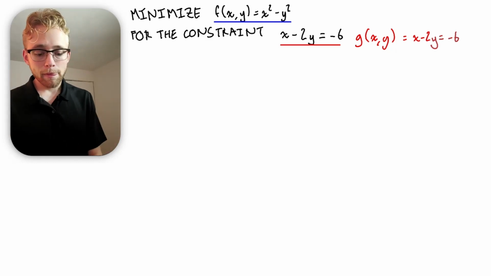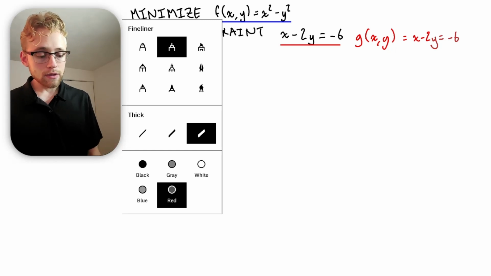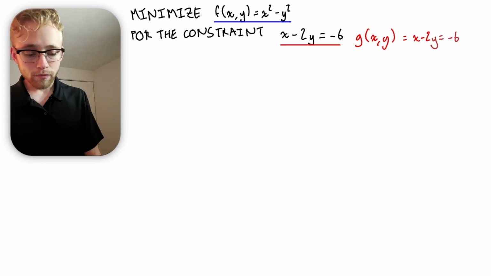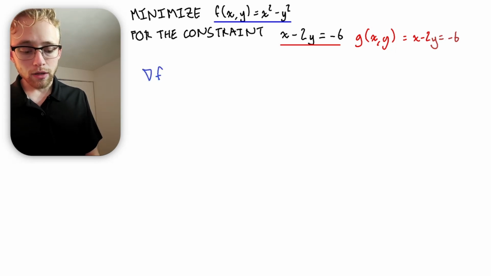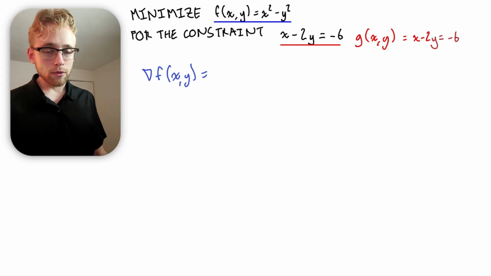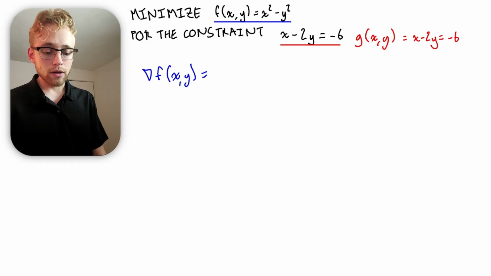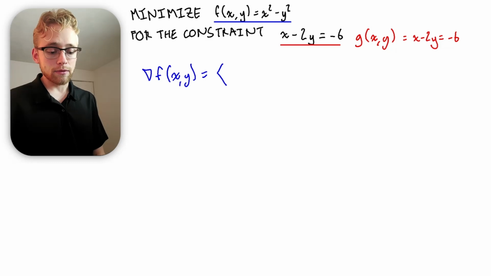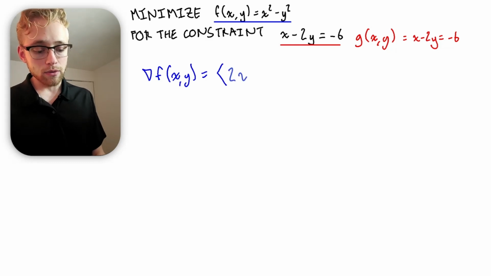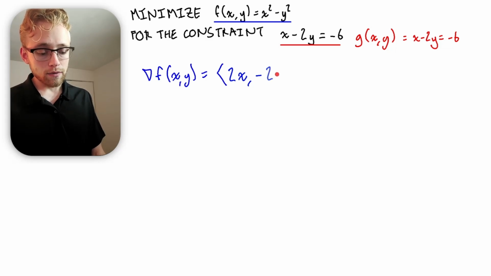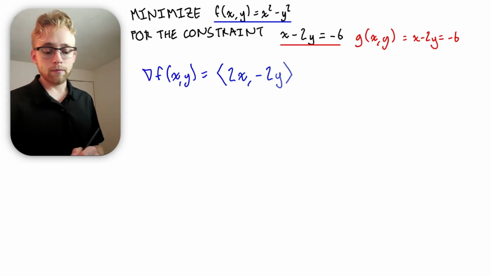All right. First things first is to write the gradient functions for both of these. The gradient of the f function is going to be equal to the partial derivative with respect to x, which is just going to be 2x, and then the partial derivative with respect to y, which is negative 2y.